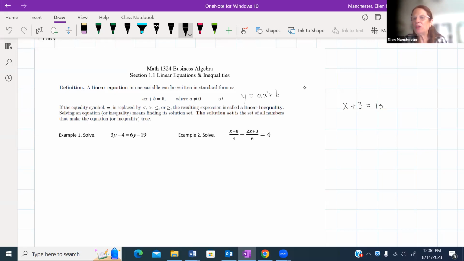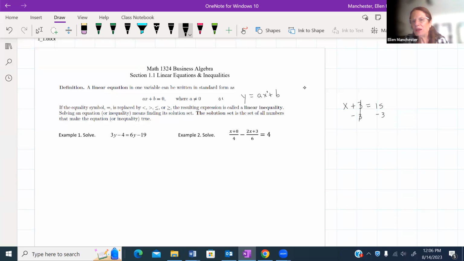Well, most people can logically think this through and go, oh, it's 12. Well, 12 plus 3 is 15. But if you mathematically work it out, you always think in opposites. So since we're adding 3, if I subtract 3 from both sides, that cancels that.